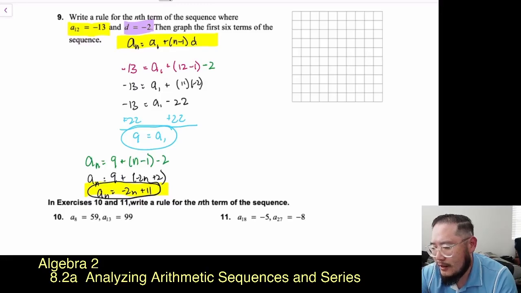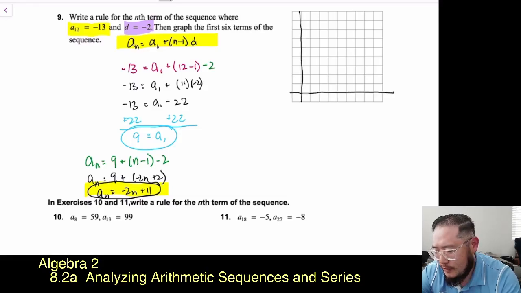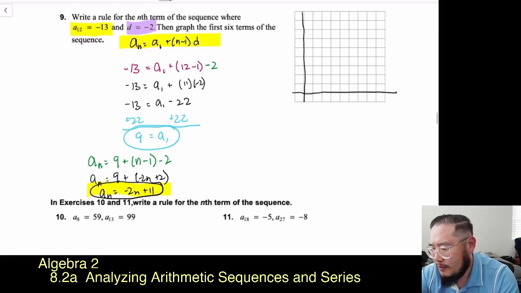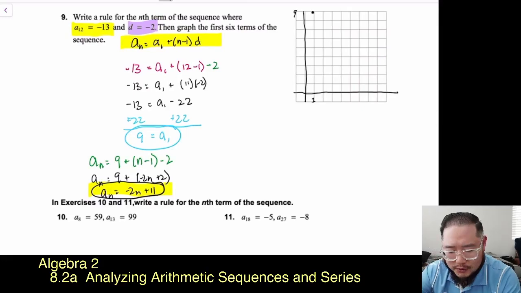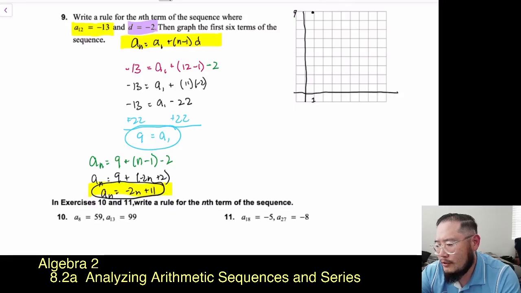If we go ahead and put our axes together, we have a sub 1. So technically this is 1. And up here we have ourselves 9. Right? And at that rate, as we go through each and every number, remember it's common difference of negative 2. So at 2 right here, it's going down 2. So there's that 7.